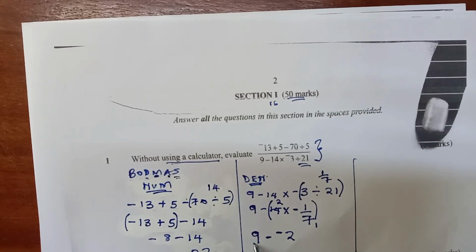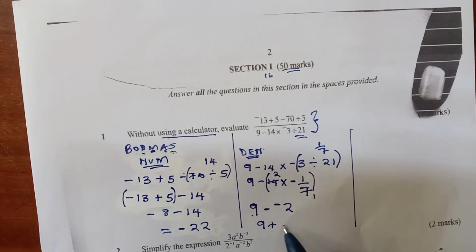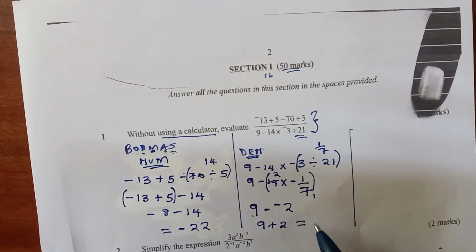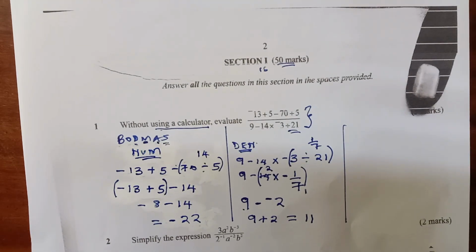So 9 minus negative 2 translates to 9 plus 2, which equals 11. That means we have evaluated the denominator.